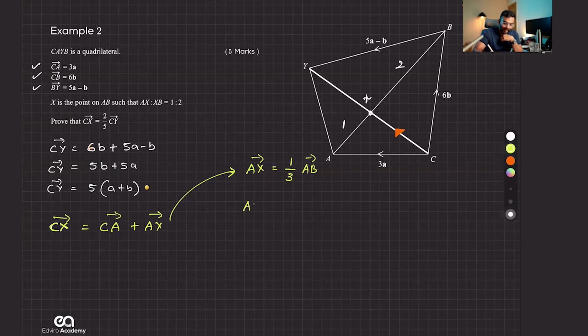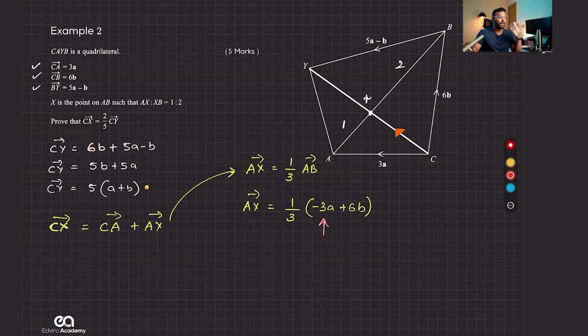So AX could be written as 1/3 of A to B. Can I write A to B as minus 3A plus 6B? Does anyone have any problem why this is minus 3A? We're going A to B. Sudiksha, can I do CB?